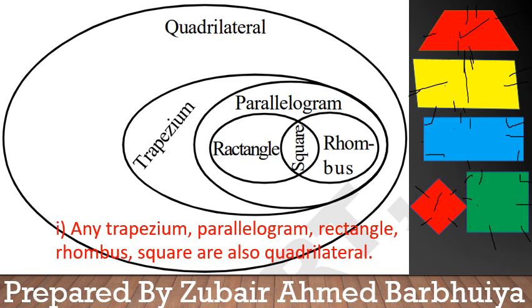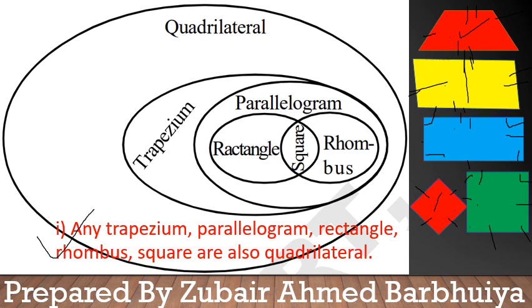They have special names, but they are quadrilaterals. So we can say that all trapezium, parallelogram, rectangle, rhombus and square are quadrilaterals. We have written a note here.